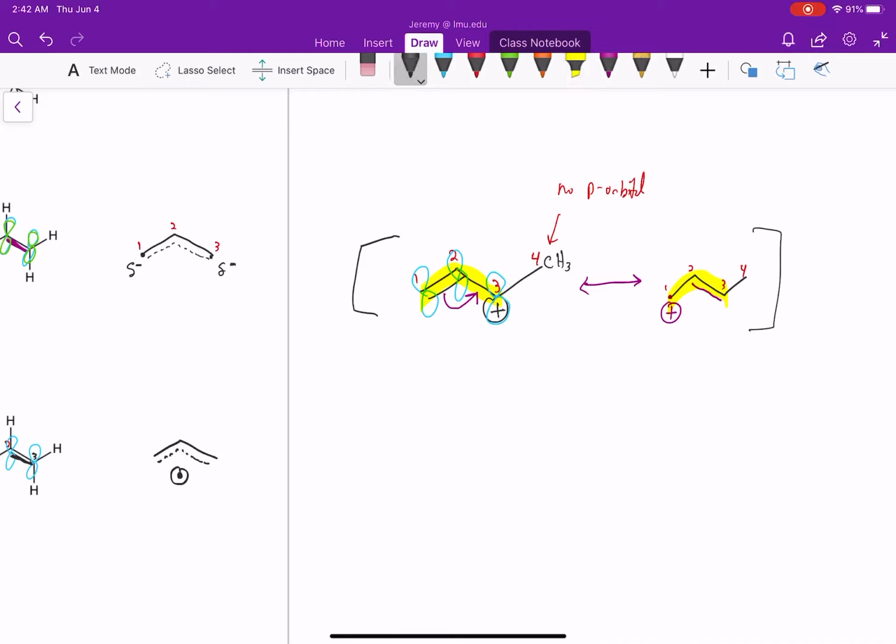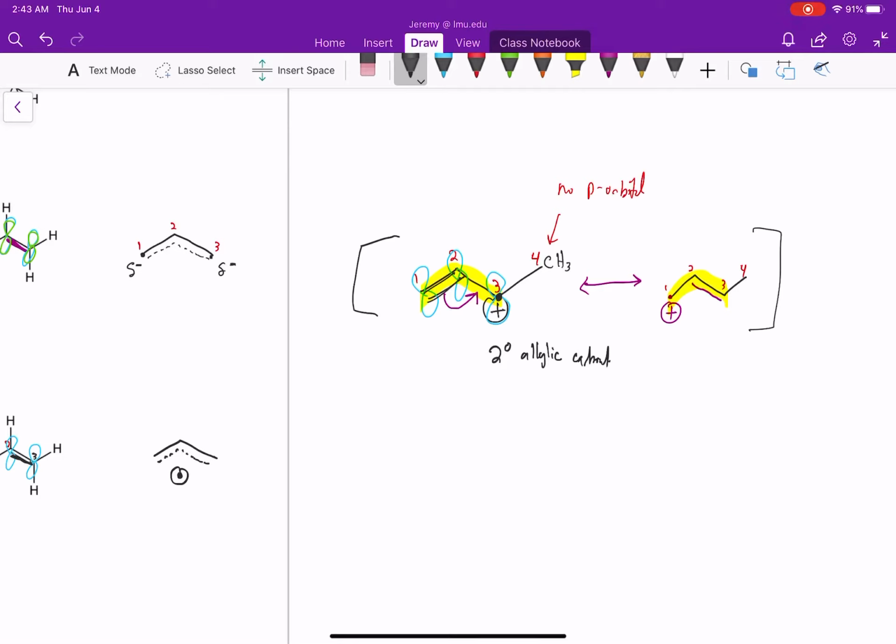Well, if we look at this carbocation here, the resonance structure on the left, that is a secondary allylic resonance structure, right? Remember the term allylic. We have a secondary allylic carbocation. We have a carbocation that is allylic, right, to our double bond.